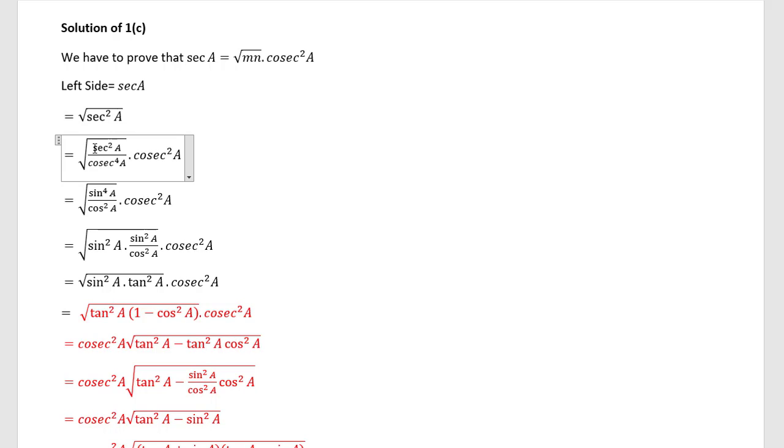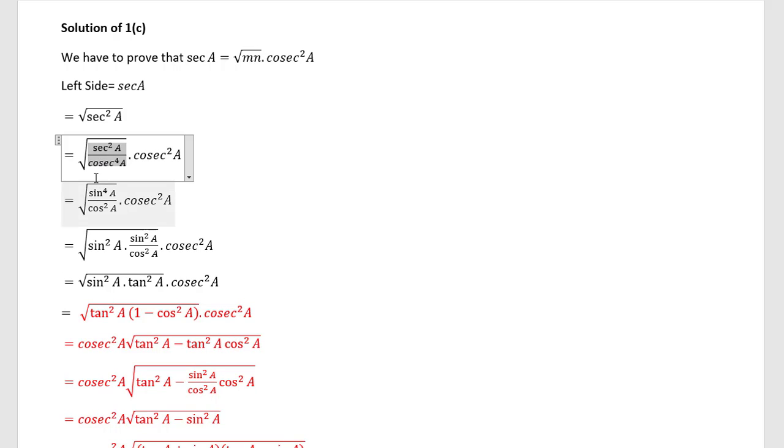Now as you can see, sec square a and cosec square a, you have got this root over and you have got the cosec square a here. Now all you have to do is prove that this sec square a into cosec power 4 divided by cosec power 4a is equal to root over m into n.